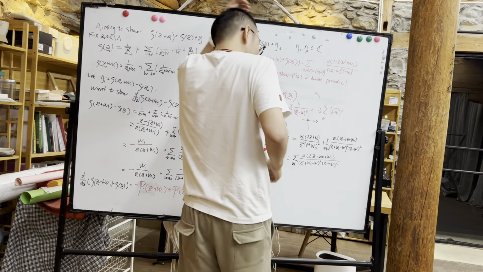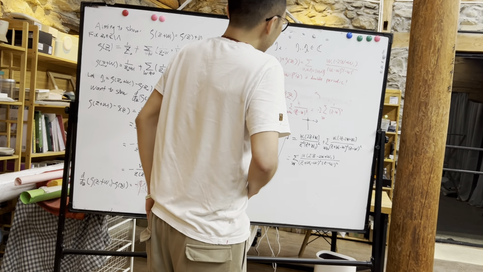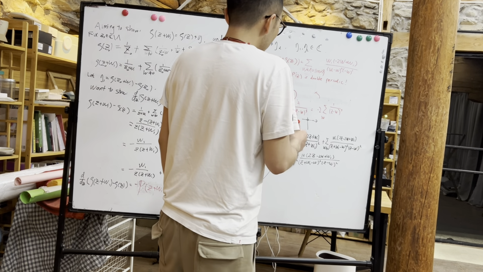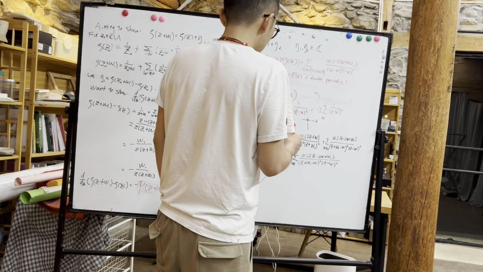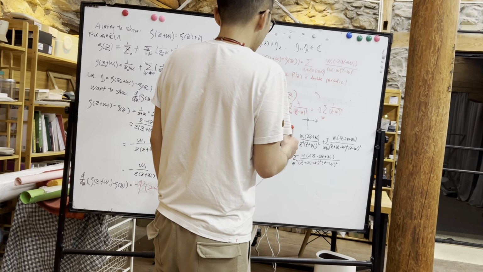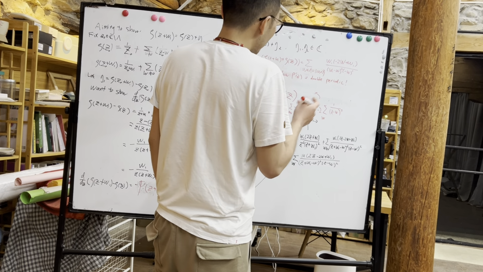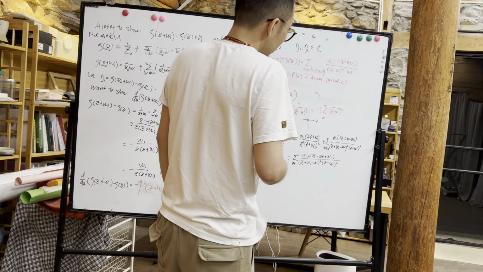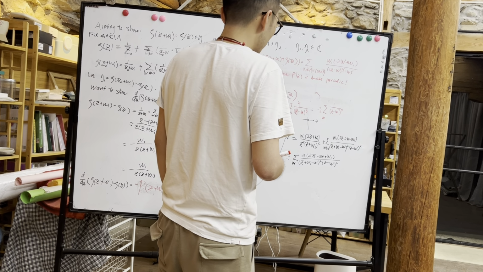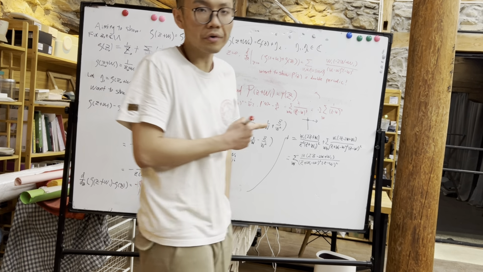So basically, if you replace z by z plus omega, then it's going to be the same limit after you do some reordering, right?